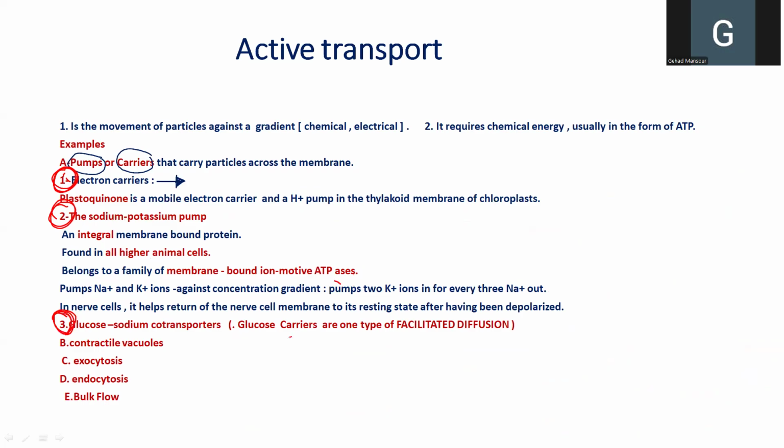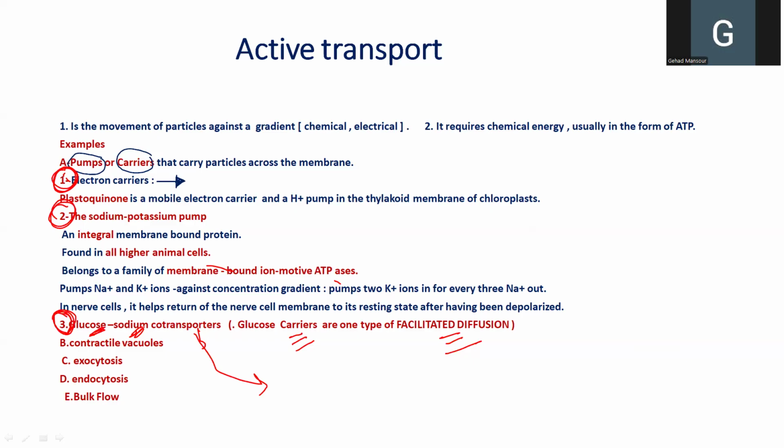Notice that glucose carriers are concerned with a special type of passive transport called facilitated diffusion. These are simple glucose carriers, but there are other glucose carriers that combine the passage of glucose with the passage of sodium. These are active ones, and they are called glucose-sodium co-transporters, and we will be discussing their action later on.